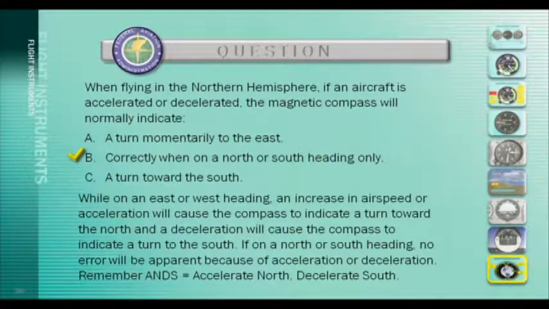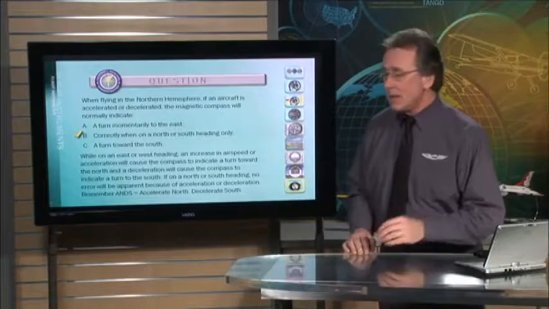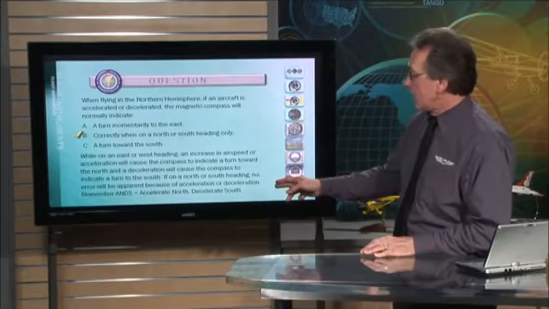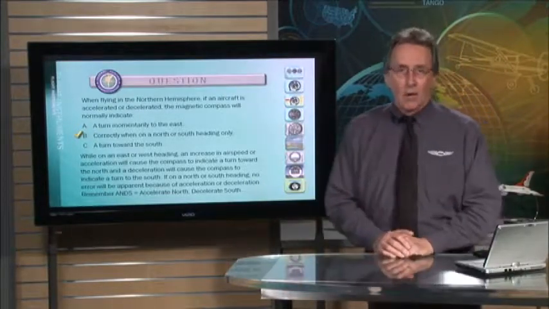While on an east or west heading, an increase in airspeed or acceleration will cause the compass to indicate a turn toward the north, and a deceleration will cause the compass to indicate a turn to the south. If on a north or south heading, no error will be apparent because of acceleration or deceleration. Remember, ANDS, A-N-D-S, accelerate north, decelerate south.